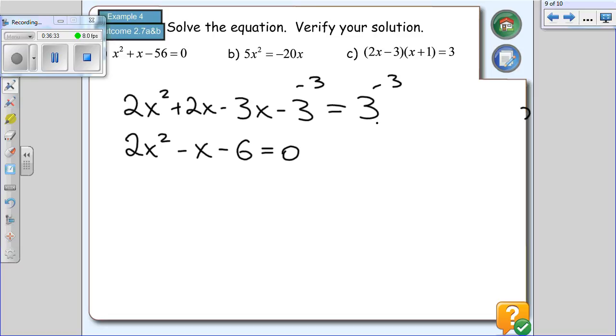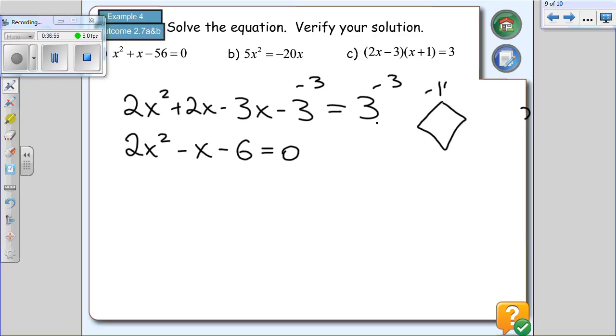Now, greatest common factor. There isn't one. So, diamond method. What's on the top of our diamond? Negative 12. On the bottom, negative 1. Things that multiply to be negative 12 and add to be negative 1. Negative 4 and 3.